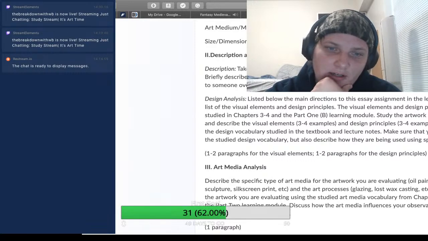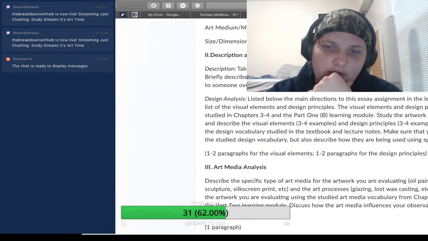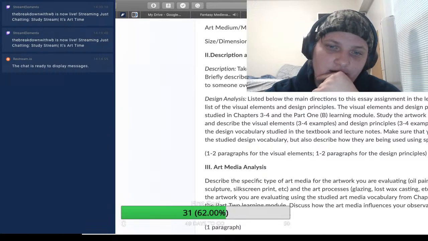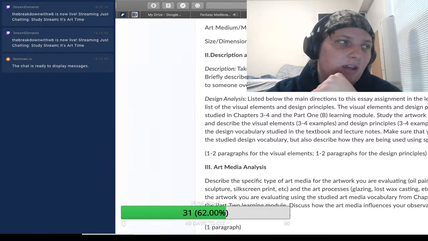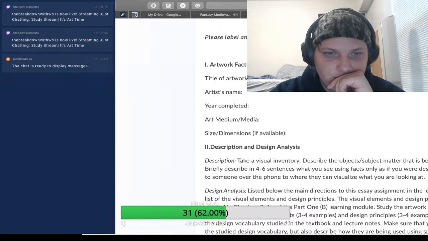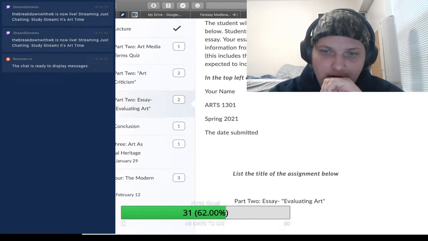Study the artwork you have selected and describe the visual elements, 3 to 4 examples, and design principles, 3 to 4 examples found using the design vocabulary studied in the textbooks and lecture notes. Make sure that you only use the studied design vocabulary, but also describe how they are being used using specific examples. Alright. And that was what we found in chapters part 1B, learning module.